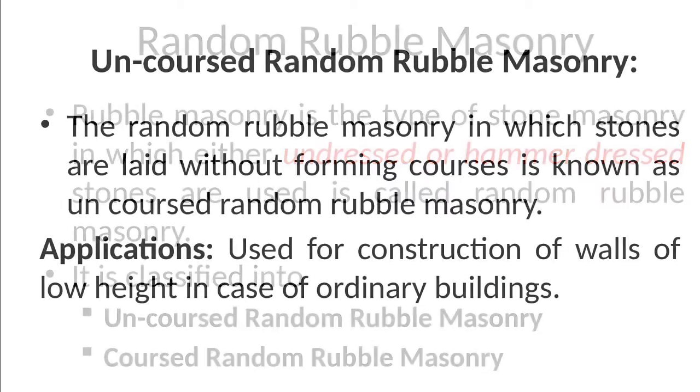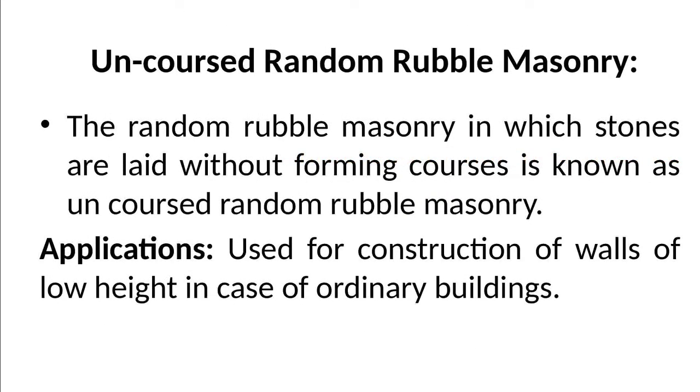Next one, uncoursed random rubble masonry. It is the masonry in which stones are laid without forming courses. It is the roughest and cheapest type of masonry and it has a varying appearance.